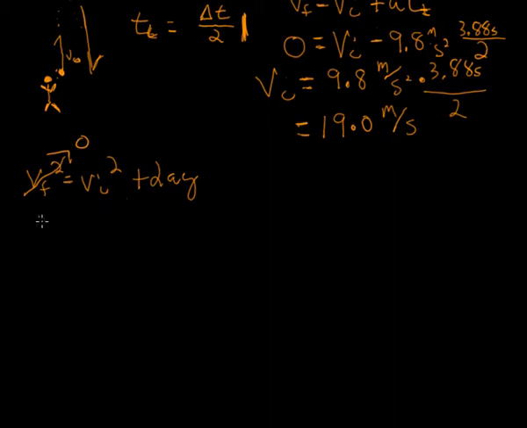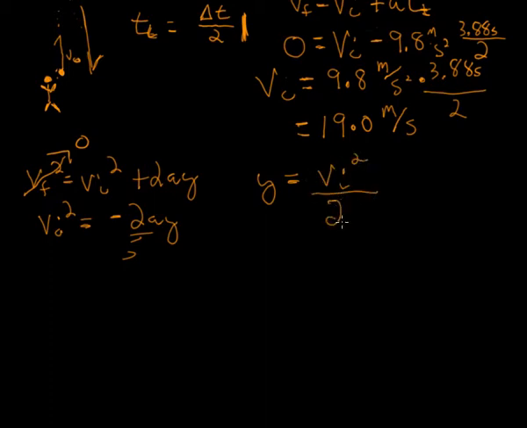I'm going to have VI squared equals negative 2AY. Solving for y, I'm going to divide 2a by both sides. Y equals VI squared over negative 2a. Keep my negative sign.